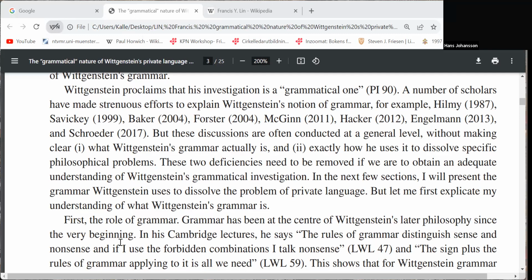They do so without making clear, one, what Wittgenstein's grammar actually is, and two, exactly how he uses it to dissolve specific philosophical problems.